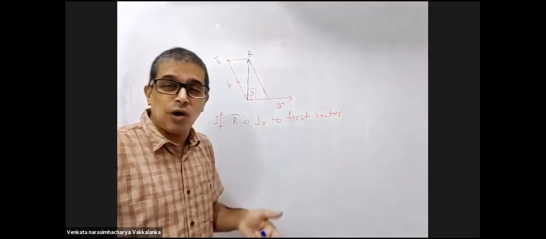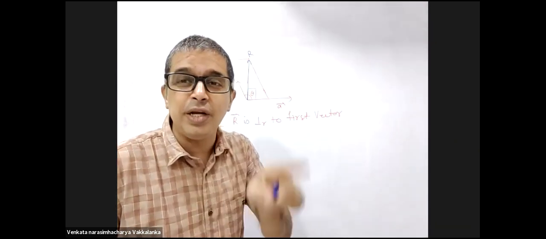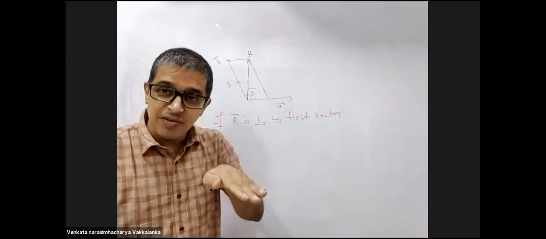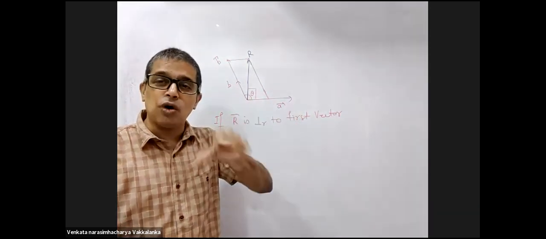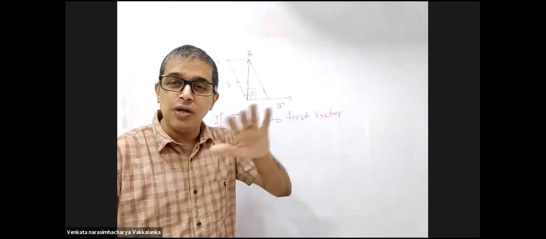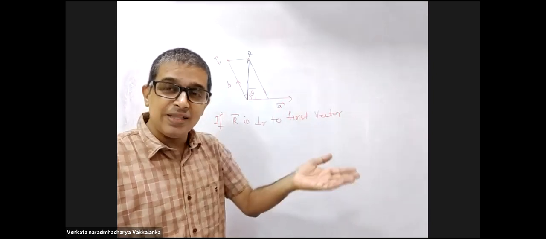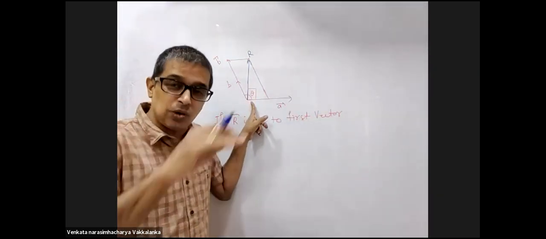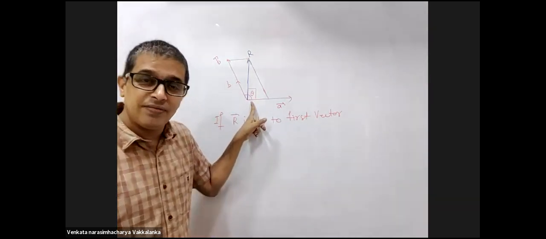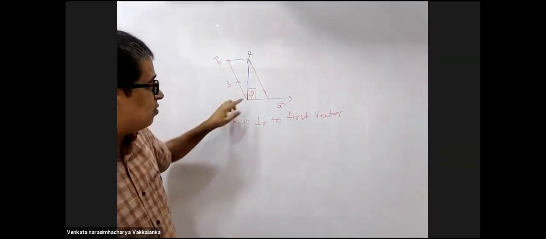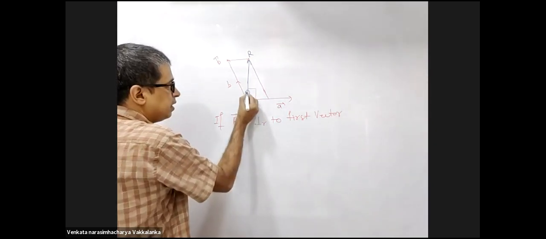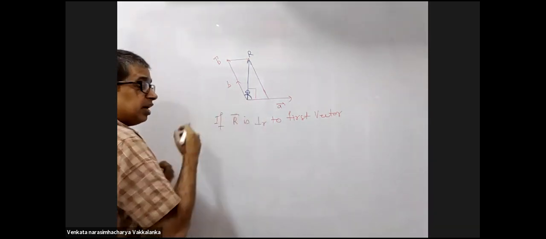To solve these problems, you need to know values of cos theta for angles greater than 90. Here we will slow down, introduce cos theta and sin theta values greater than 90, and then go ahead with vectors. Now you understand why we need to slow down and go into cos theta, right? Because theta is the angle between A and B, which is greater than 90.